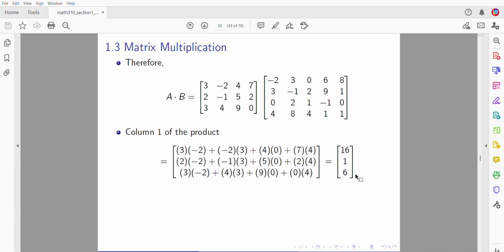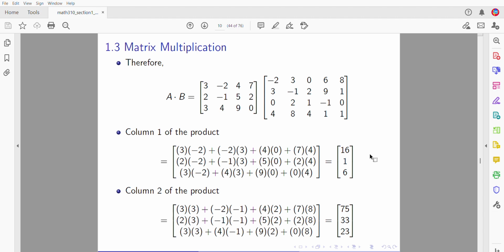Now column 2. So I'm focused now on column 2. Ignore every other column. Only focus on column 2. Matrix A with column 2. 3 times 3 plus negative 2 times negative 1 plus 4 times 2 plus 7 times 8.